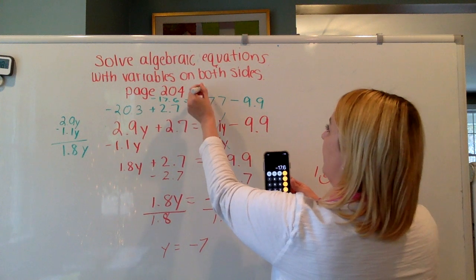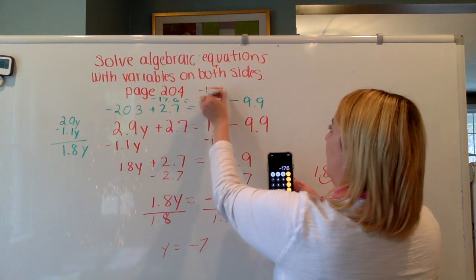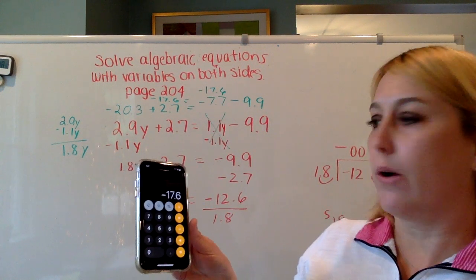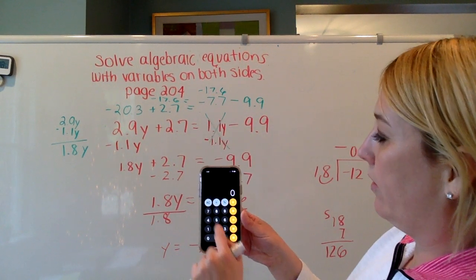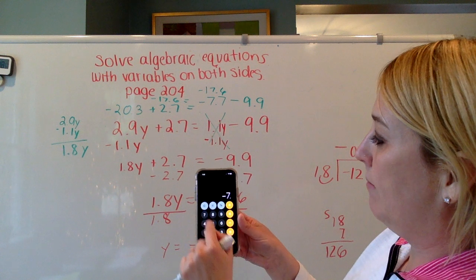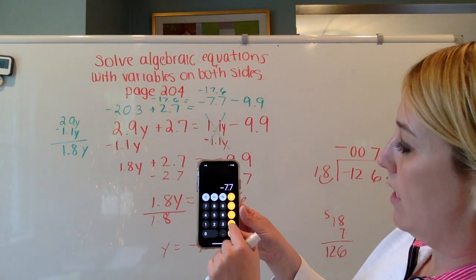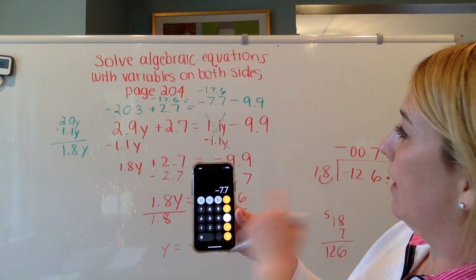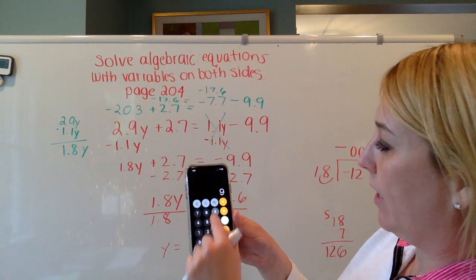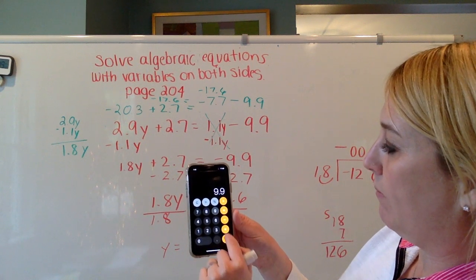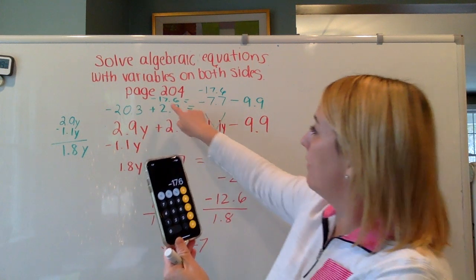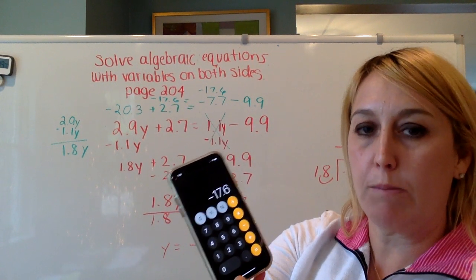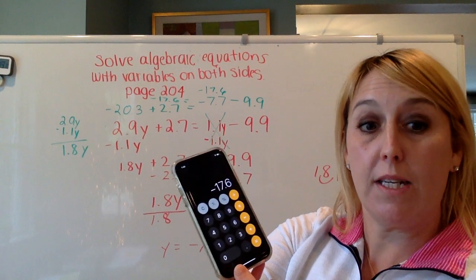I shouldn't have entered that in as a double negative there. So when I entered it into the calculator, just so I could show again since I messed it up the first time, -7.7 minus, and I don't want to make that a -9.9, I just want to make it positive 9.9 because that's what I had there. And it is -17.6. So -17.6 is equal to -17.6. So we know that we did it correctly.